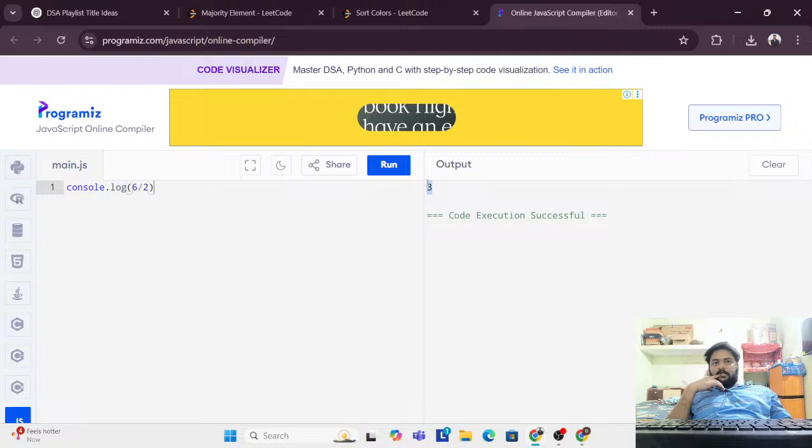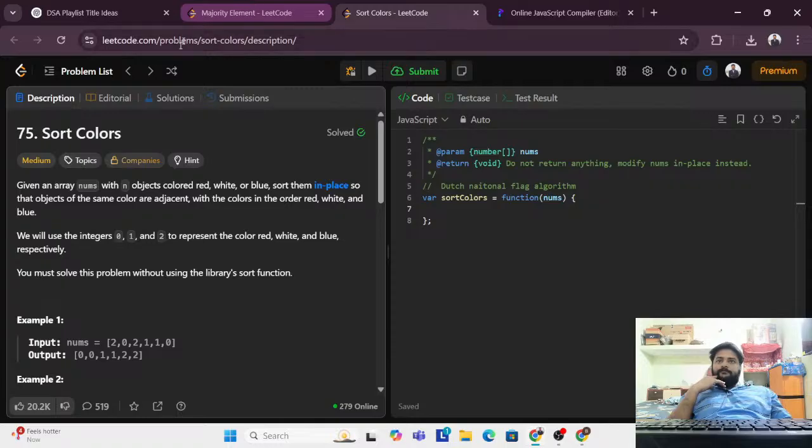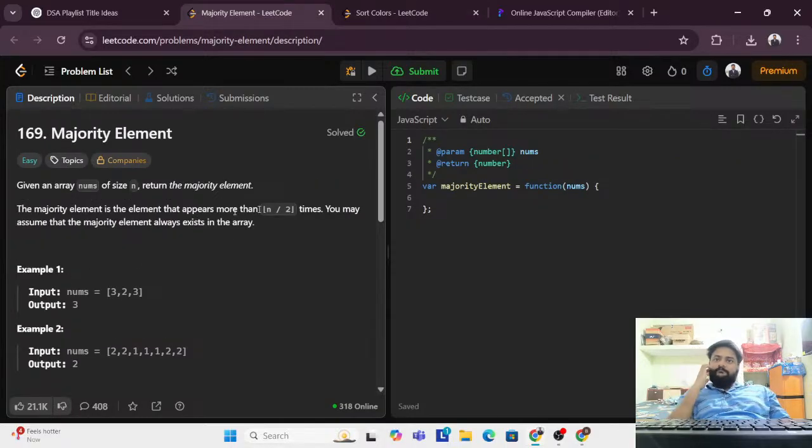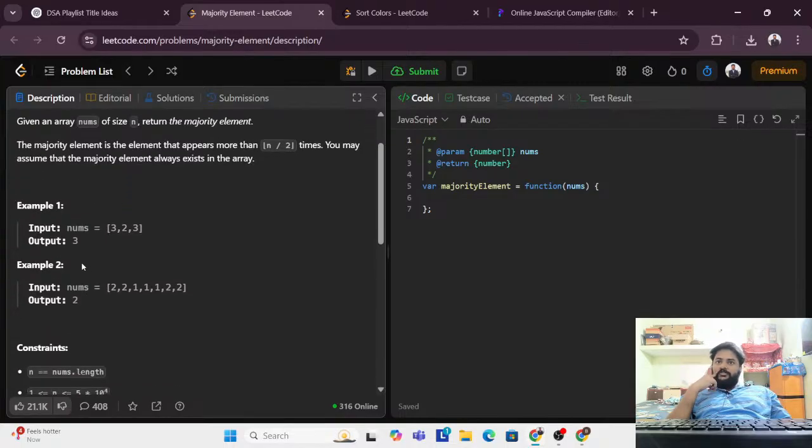So it should be greater than 3, not even equal to 3. You may assume that the majority element always exists in the array. So we need not worry about the cases where the majority element does not exist. That's a good thing for us.